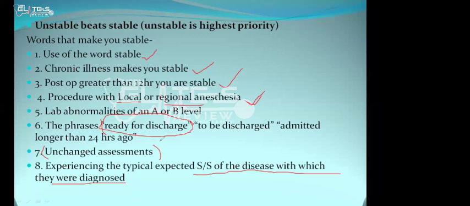A patient who was admitted with DVT now complains of chest pain and difficulty breathing. You know that when you're having DVT, you should not get difficulty breathing, because if it is only DVT, it has nothing to do with difficulty breathing. But if the patient has DVT and is now complaining of difficulty breathing, then it can only mean one thing.